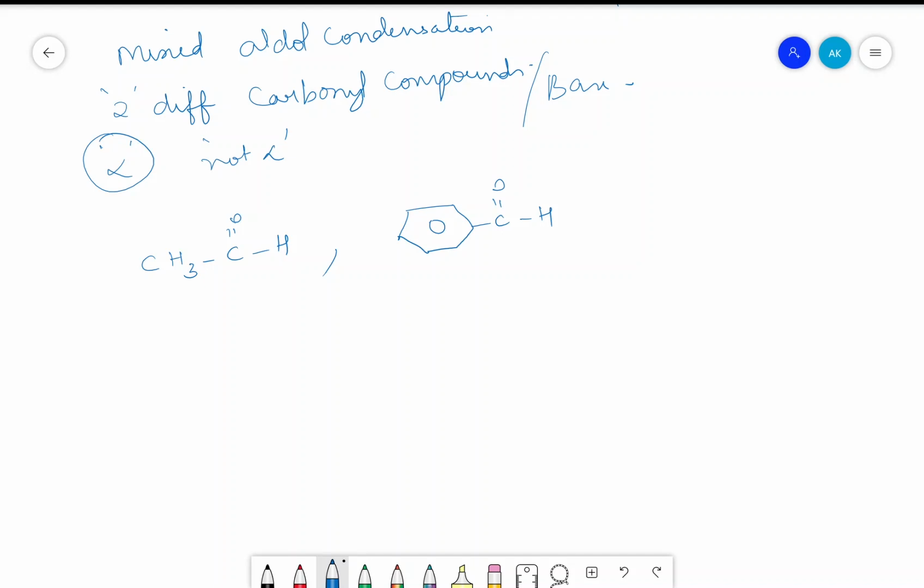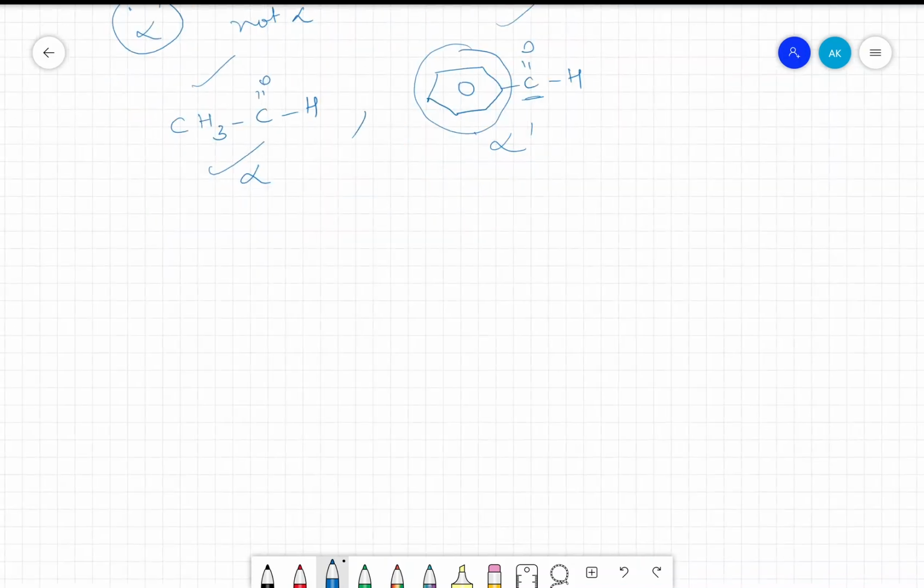So this is your functional group, and this is your entire benzene or phenyl group. This one has alpha hydrogen and this does not have alpha hydrogens, and this aldehyde is different and this aldehyde is different. That is why it is called mixed aldol condensation.